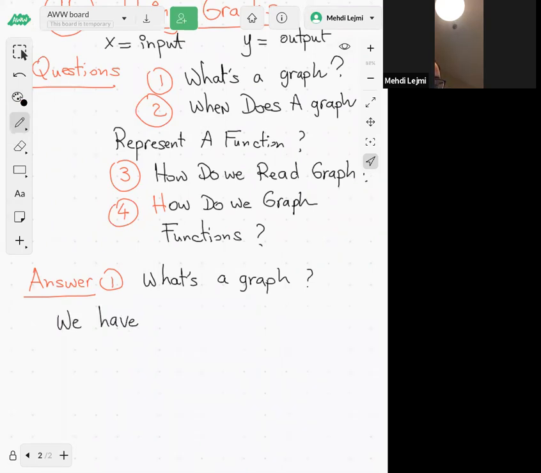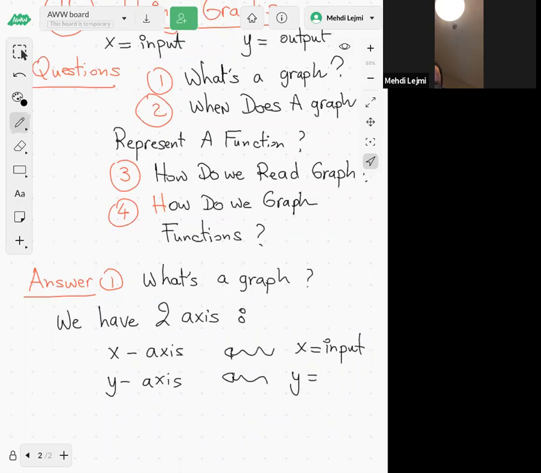There's the x-axis and there's the y-axis. Again, guys, keep in mind x is supposed to be the input and y is supposed to be the output.